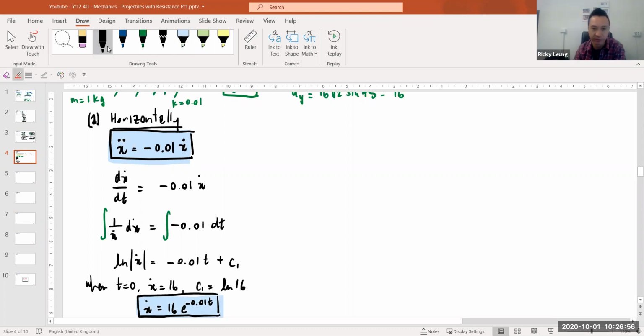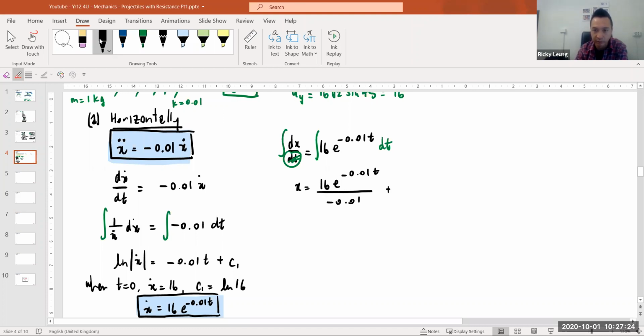Let's verify that's perfect. So I'm going to replace that velocity now to find displacement with dx/dt equals 16e^(-0.01t), integrate. So move this guy over here, integrate both sides, and I get x equals 16 e^(-0.01t) divided by negative 0.01 plus c, is that c2?